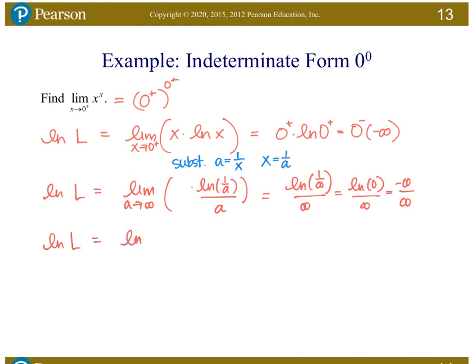So my L'Hopital is going to be the derivative of 1 over a times the chain rule of 1 over a, which is negative 1 over a squared. So that numerator looks kind of complicated, but it's going to clean up for me. And then my derivative of my denominator is 1.